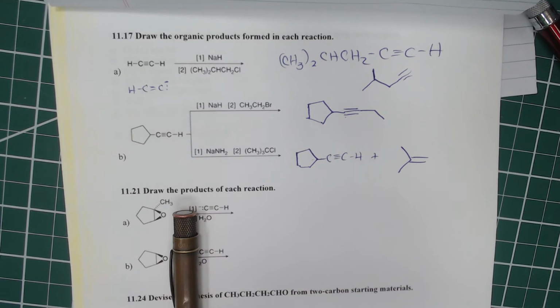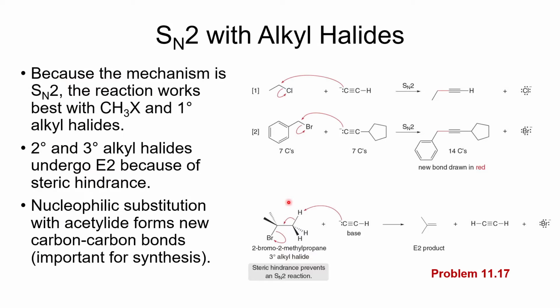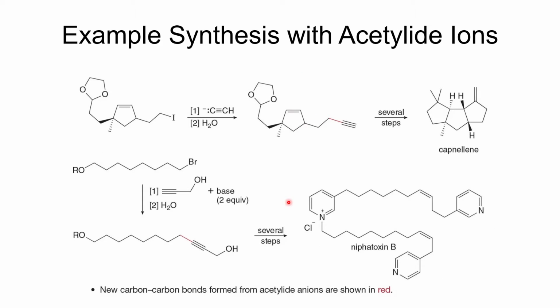Let's go back over here. So here is an example of doing a synthesis with acetylide anions, and so here we've got this alkyl halide, a primary alkyl halide, the iodide here.